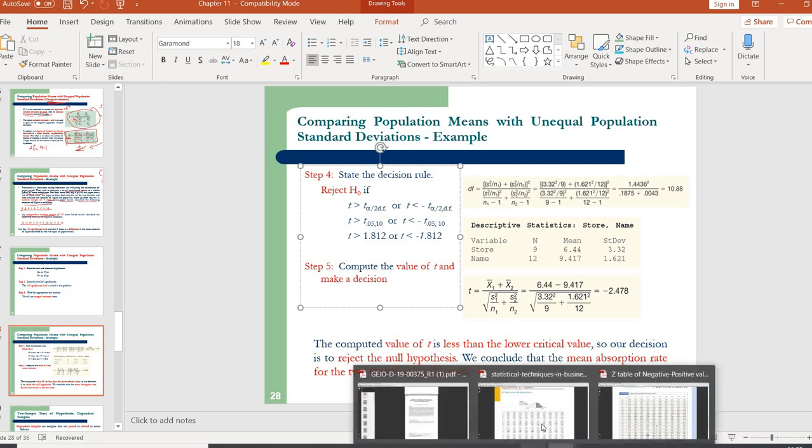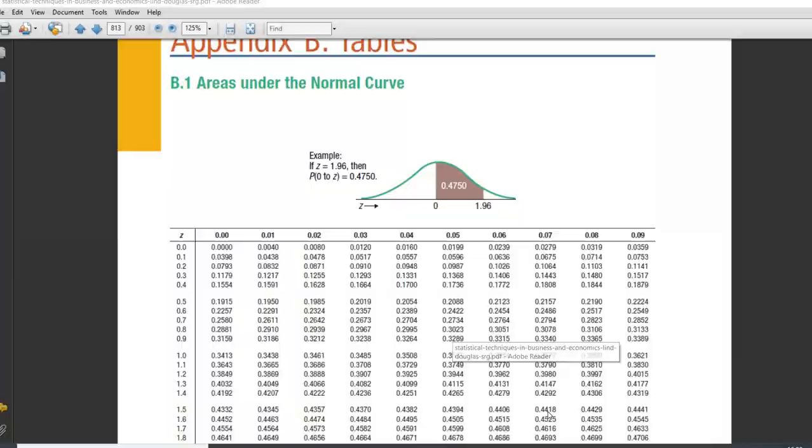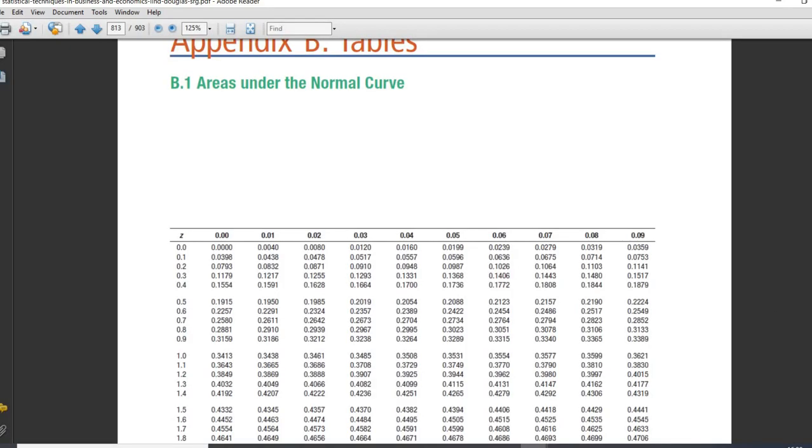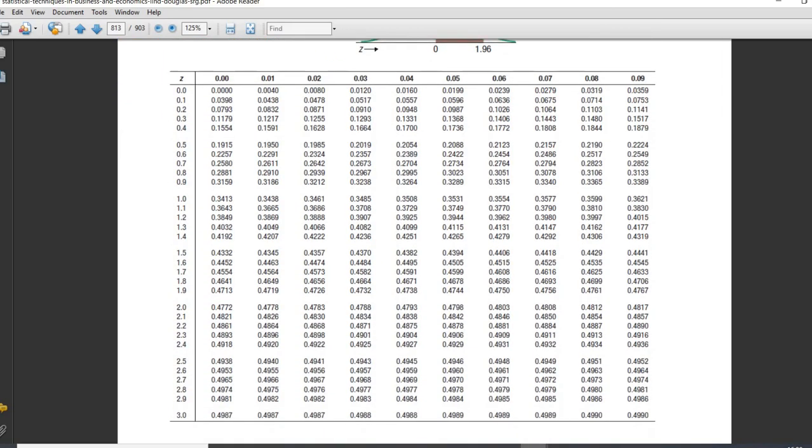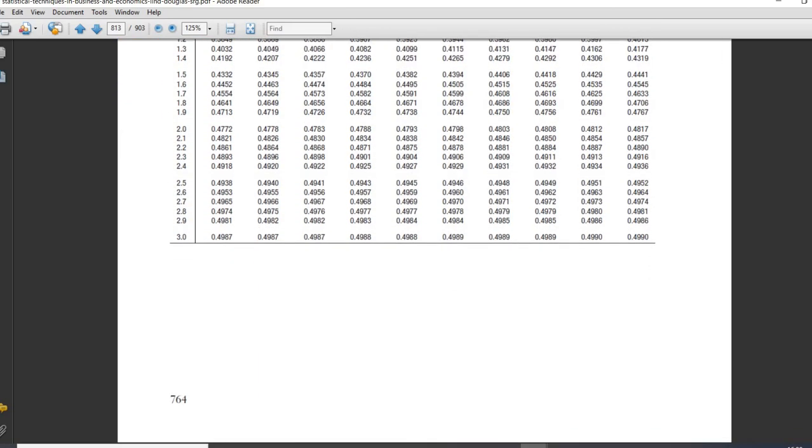So that is what we will do. We can quickly go to the table of the student distribution. Sorry for this, it is coming. Here we are. So now we scroll down. In our book, we have that table. Remember, we've been using it.